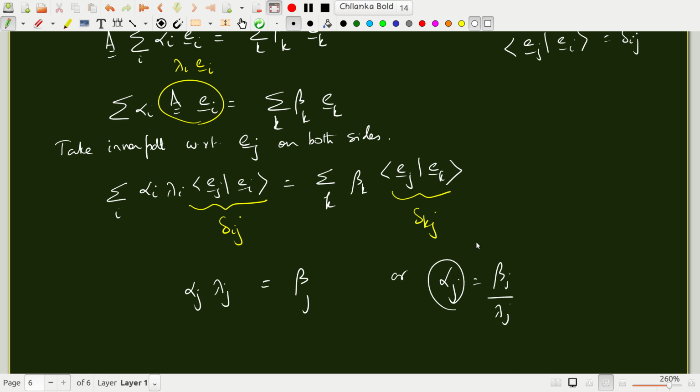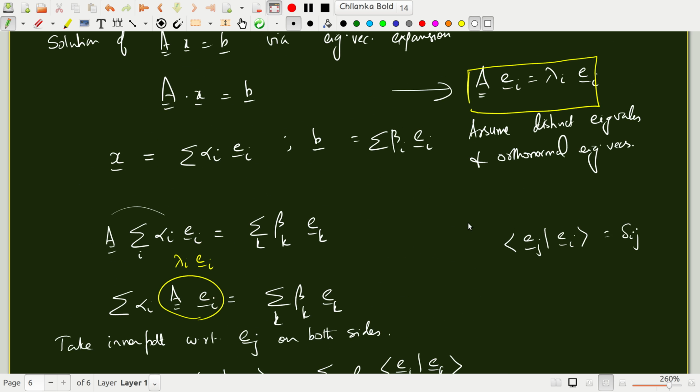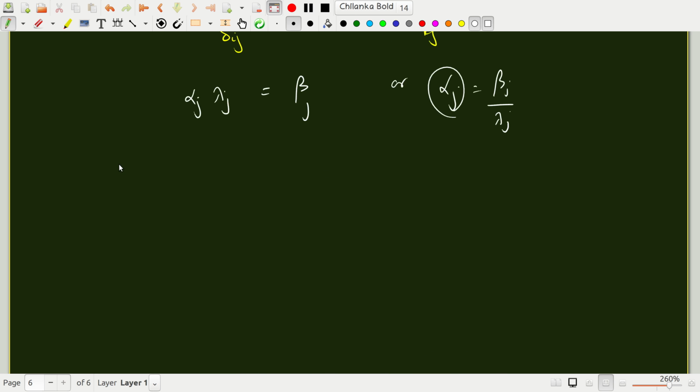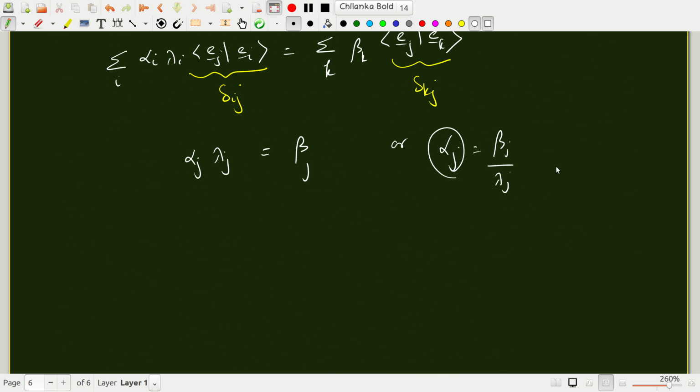Once you find alpha, you can find the original unknown, because once you know the eigenvectors and all the alphas, you can use this expansion to reconstruct the solution in terms of the eigenvectors. So alpha j is beta j by lambda j.